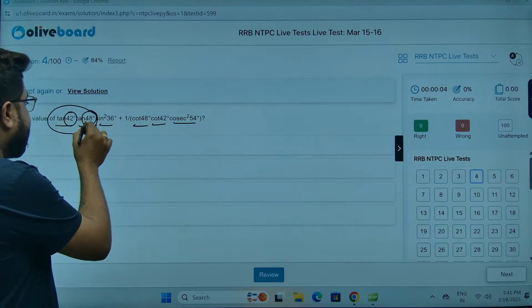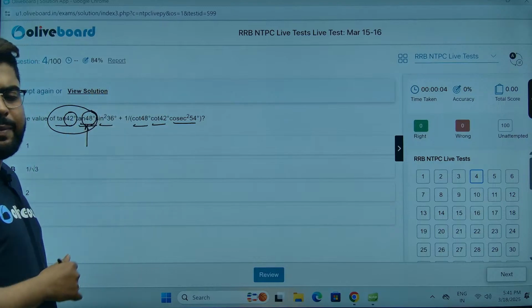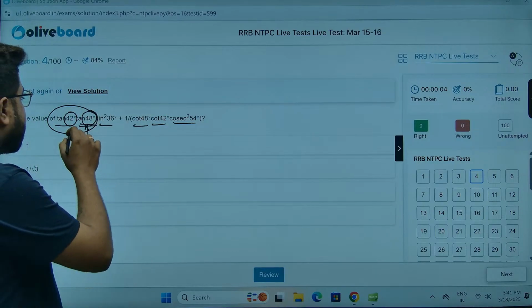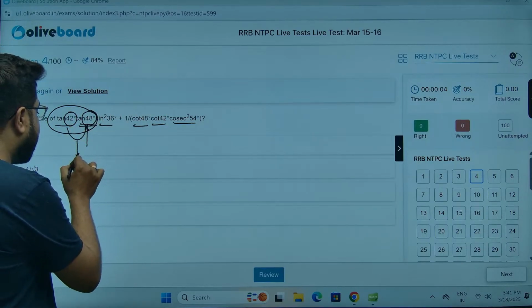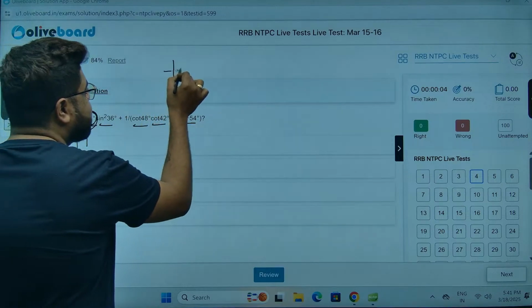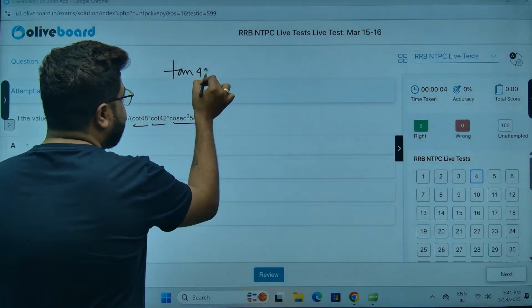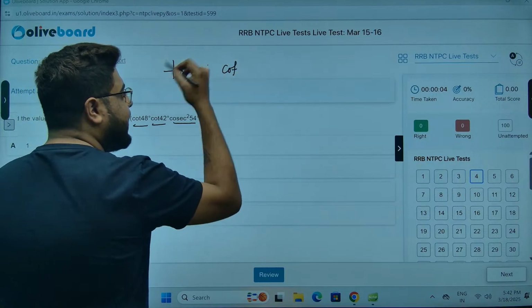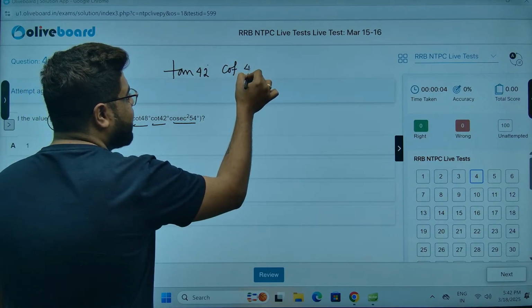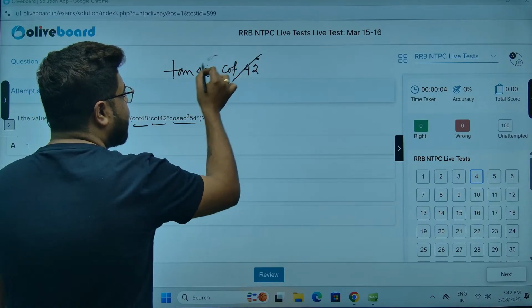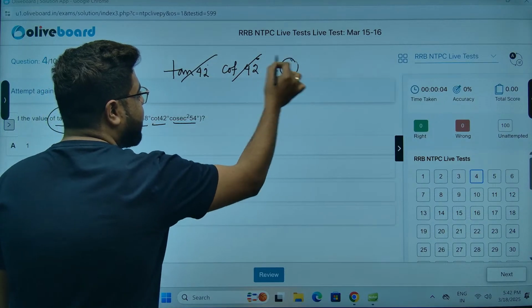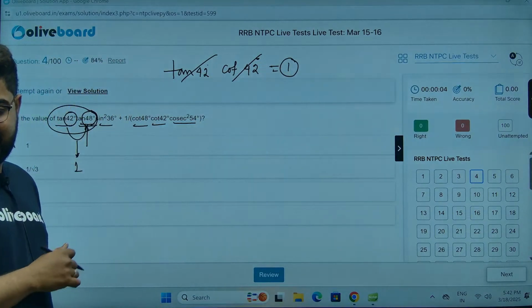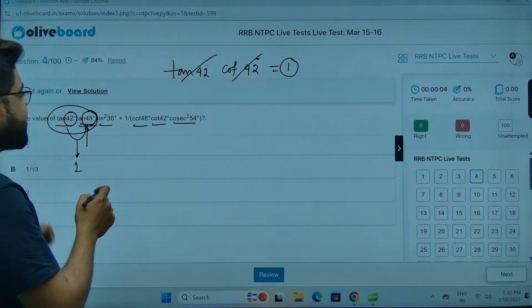So tan and cot will remain, and the other will become cot. If I keep tan 42 and change tan 48, it will become cot of 90 minus 48, that is 42 only. So tan and cot cancel, it gives us 1.